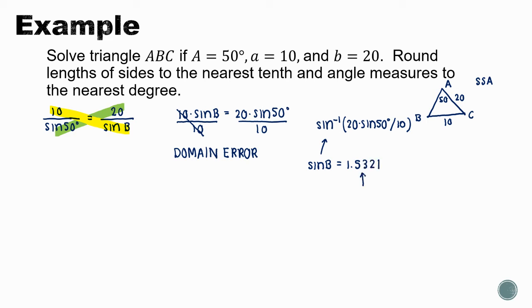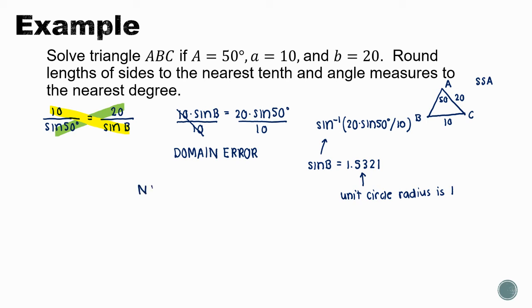So if I'm trying to find the measure of an angle, notice that what I have is something that is bigger than 1. Remember, in a unit circle, the unit circle has a radius of 1. And because this number here is something bigger than 1, that's why it's not possible to find. We cannot have that decimal be bigger than 1. So that's why it didn't work.